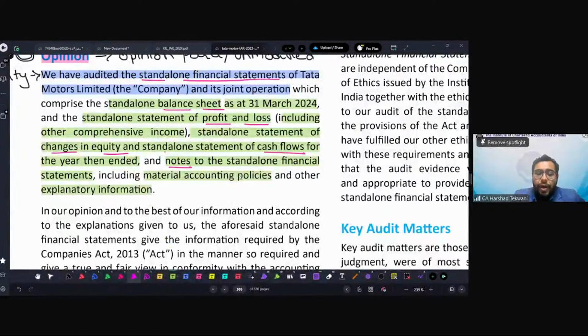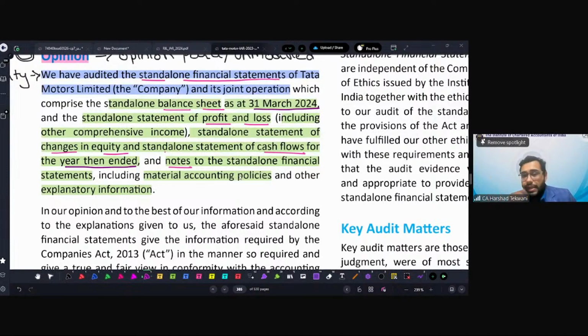Plus, they have identified the date and the period. If you see here, it is there as at balance sheet as at 31st March 2024, and profit and loss account, changes in equity, cash flow for the year ended. So they have specified the period also.